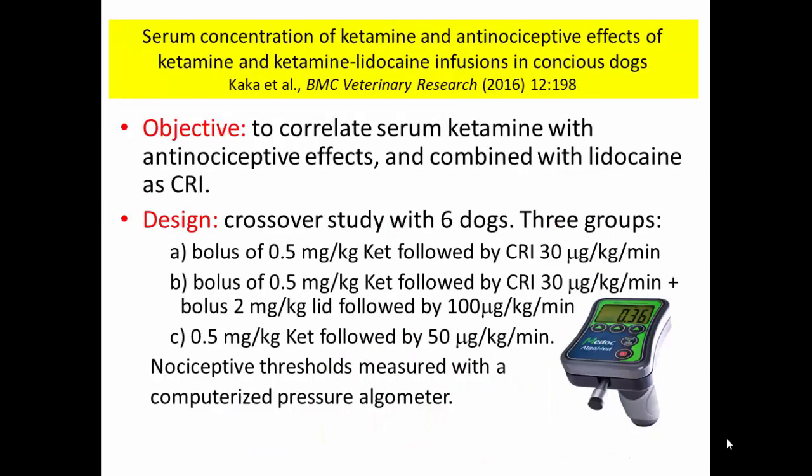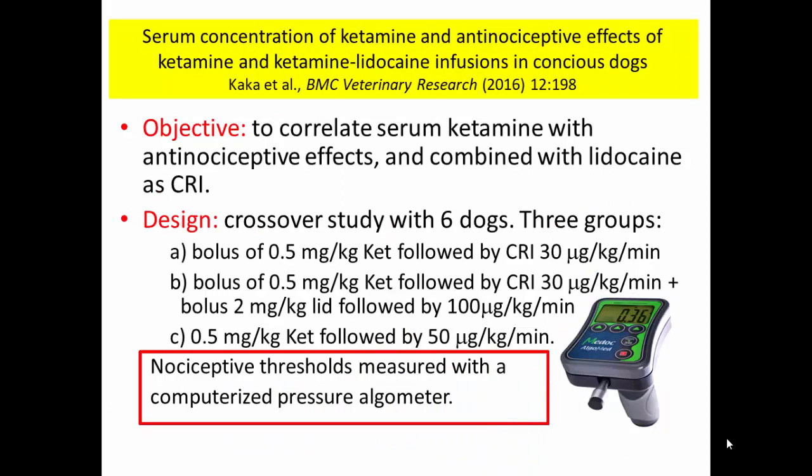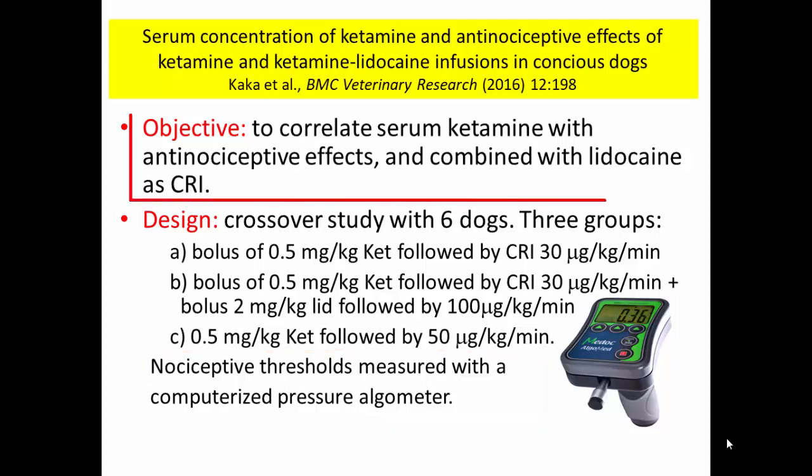Now, in this other study, they used a computerized pressure algometer to determine pain threshold in dogs that were subjected to a pressure stimulus. And the idea was to determine which concentrations of ketamine and lidocaine will raise that threshold level.